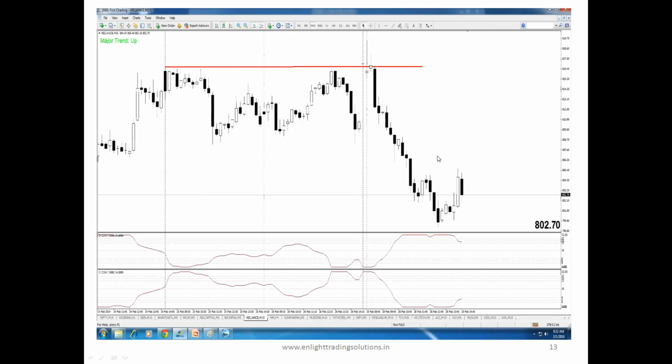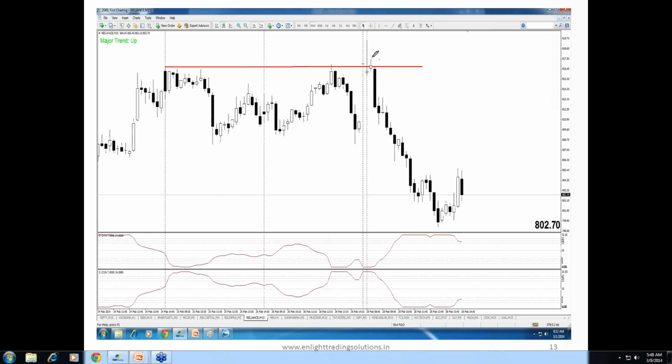In the same way, sell convergence. So when you see there is a convergence at the top, here, here, here, here also. Then there are three sell convergences, and the market comes down after that.